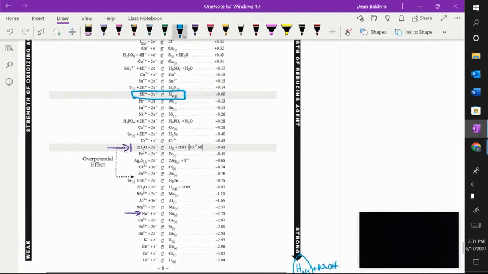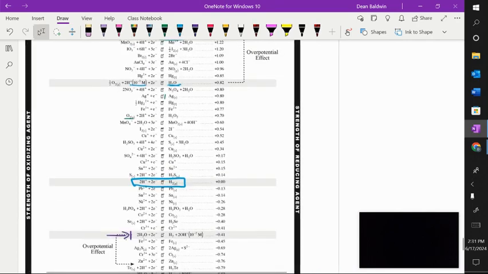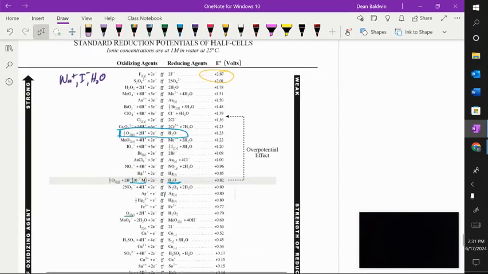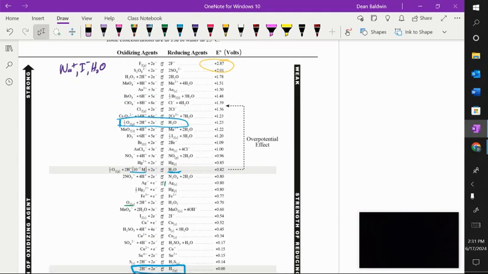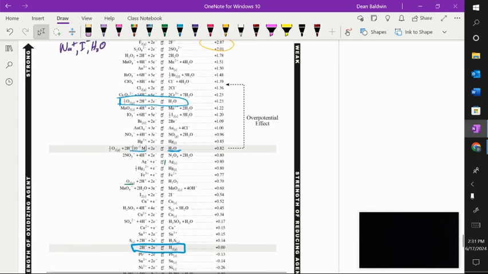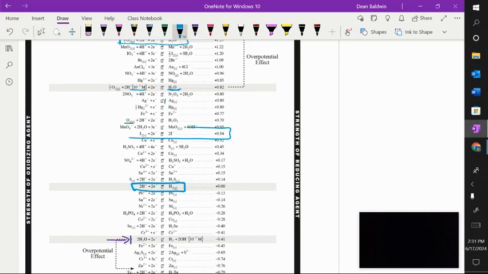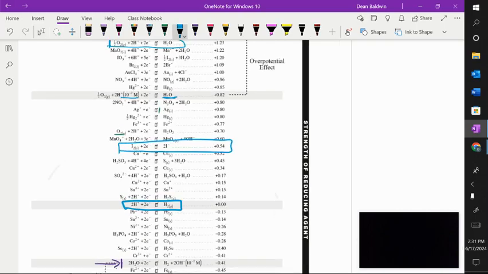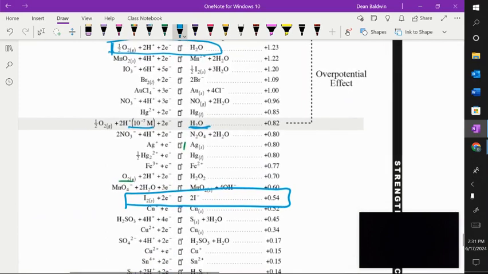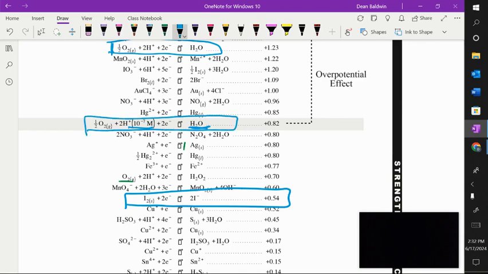After this, what are we looking for? I minus, where's I minus? There's I minus. All right? And we're looking for neutral water, which is right there.